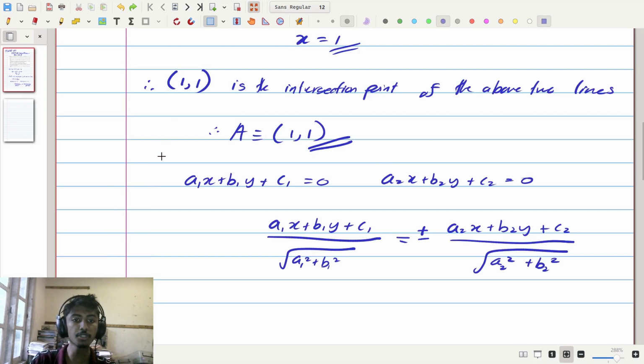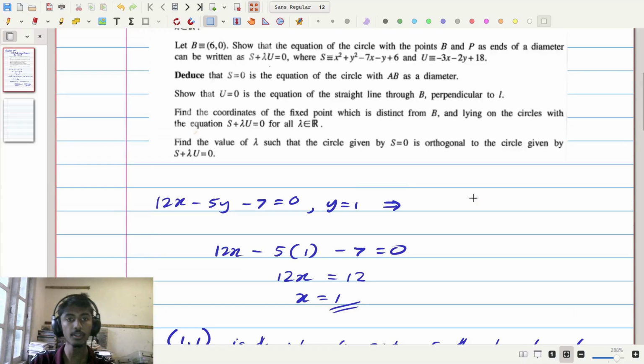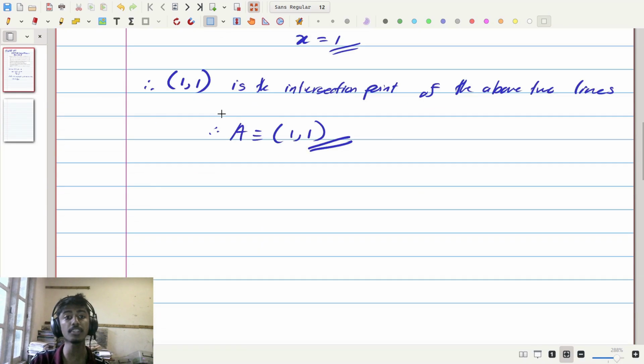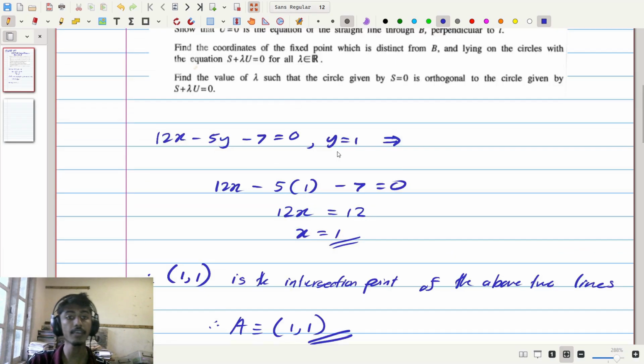Now, in this particular situation, we can see we have two lines, 12x minus 5y minus 7 equals 0 and y equals 1. The first line is already in the form we want, a1x plus b1y plus c1. So we can just directly write that line as 12x minus 5y minus 7 equals 0. However, the other line is not in the form we want. We need it in the form a2x plus b2y plus c2 equals 0.